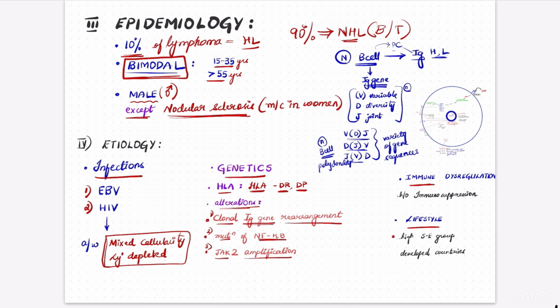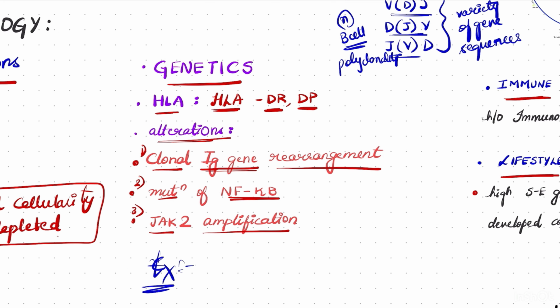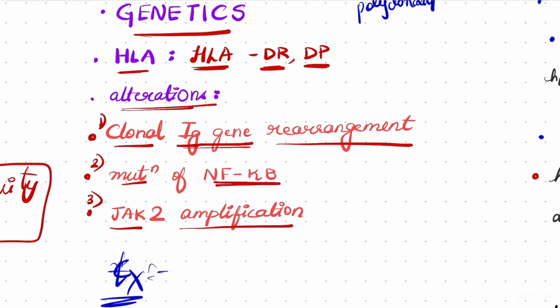Whereas in malignancy, the cancer or the tumor, this polyclonality is absent. It becomes monoclonal. That means if the neoplastic B cell takes up a VDJ gene rearrangement, all the neoplastic B cells of that lymphoid tissue origin contain the same VDJ.